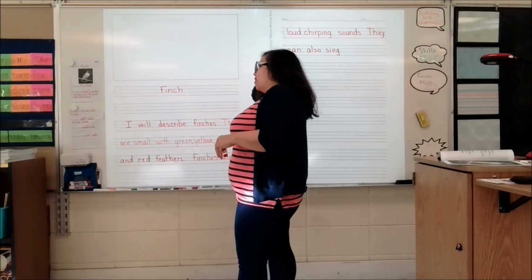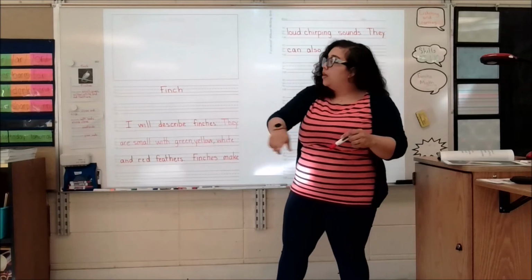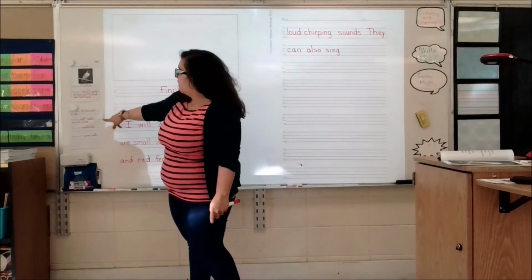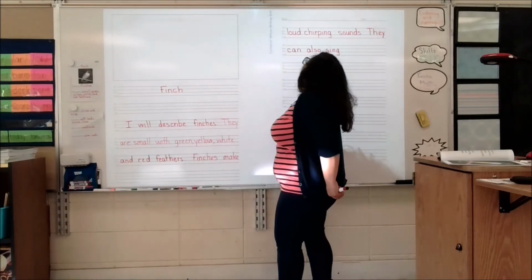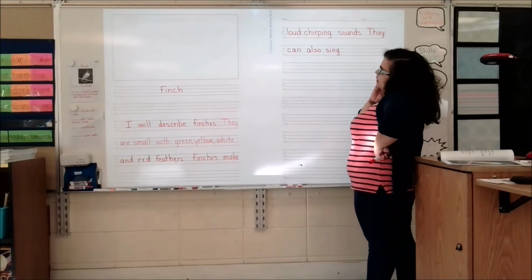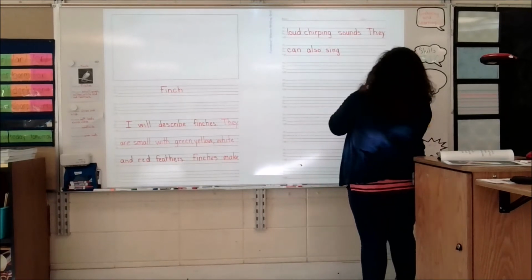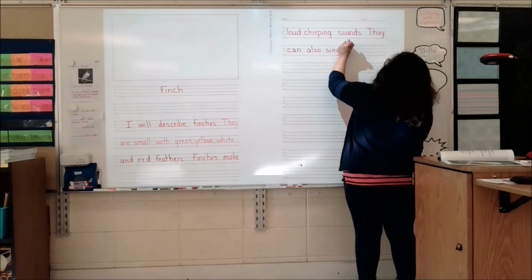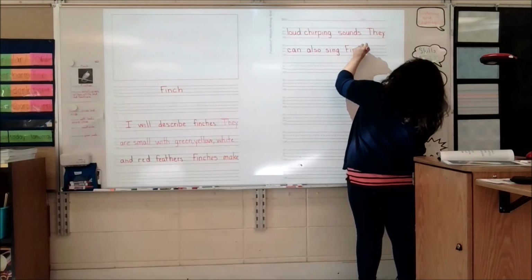The next thing, what it feels like. What do finches feel like? We said that they have soft bodies and sharp claws. So finches, real simple, finches have soft bodies and sharp claws.